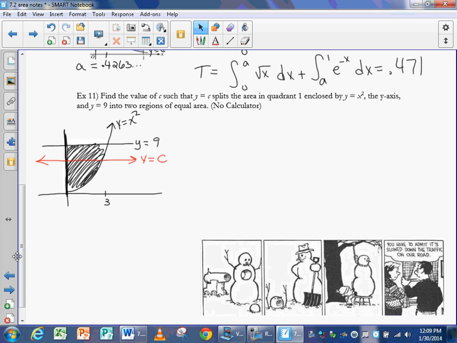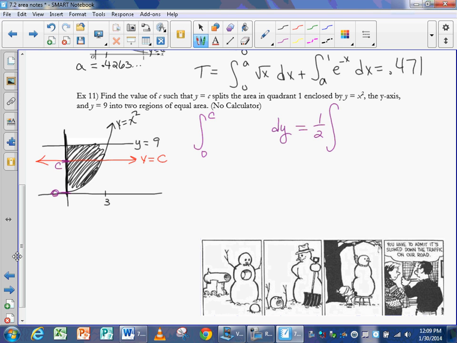Well, if I'm separating it in terms of y and I've got this horizontal motion, that's a really good indication that we want to do this integral with respect to y. So I want the region from y equals 0 to y equals c to be 1/2 the area of the region from 0 to y equals 9.